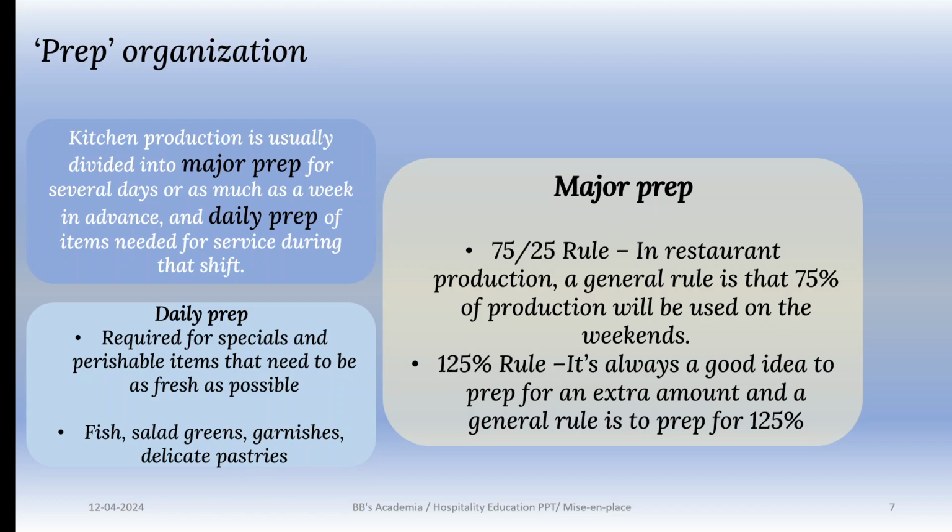You have to make it beforehand, fabricate it, marinate it, and keep it ready. And if you know that because of your bar this food will be sold especially on holidays or Saturday and Sunday, then naturally your volume of work should be more, and you should be mentally and actually ready with a major prep in your hand. Only whatever is fresh will be done as your daily prep. So that is the concept of major prep and daily prep.